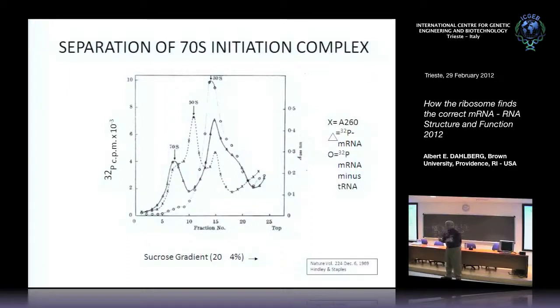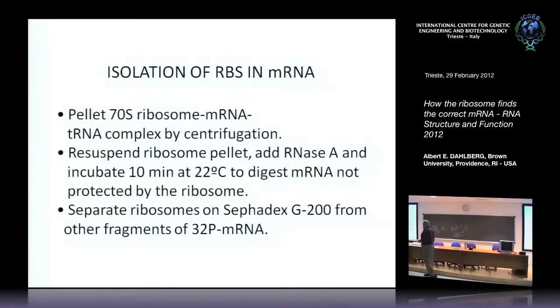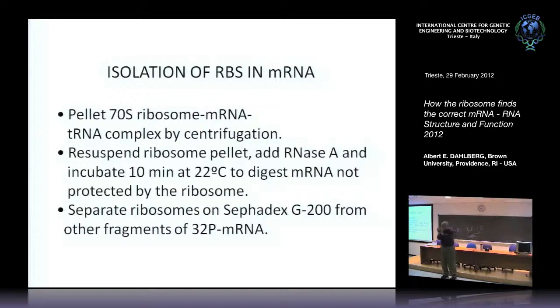This was taken from the gradient, and the sample was pelleted, and then they resuspended the pellet. And as I said, they had this ribosome protecting the message with a lot of messenger RNA on the side. So they treated it briefly with ribonuclease, and the only thing that was protected was the mRNA within the ribosome.